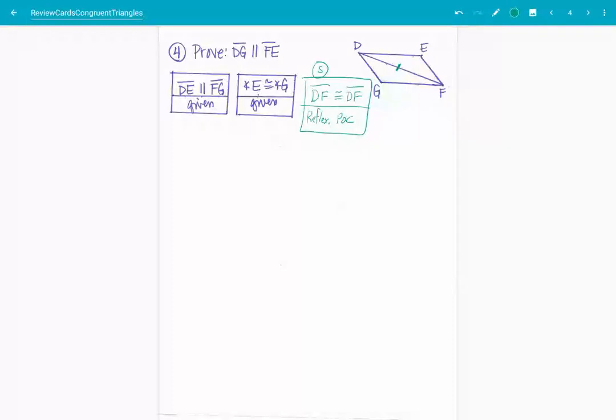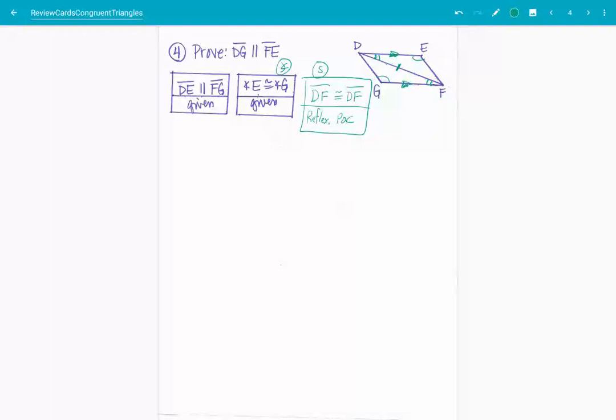E and G are congruent. So these two angles are congruent. That's an angle. Now I've got parallel lines again. DE, the top one is parallel to the bottom one. That makes DF, this line in the middle, that makes that a transversal. So here are some alternate interior angles. Oh, not that one. This one.